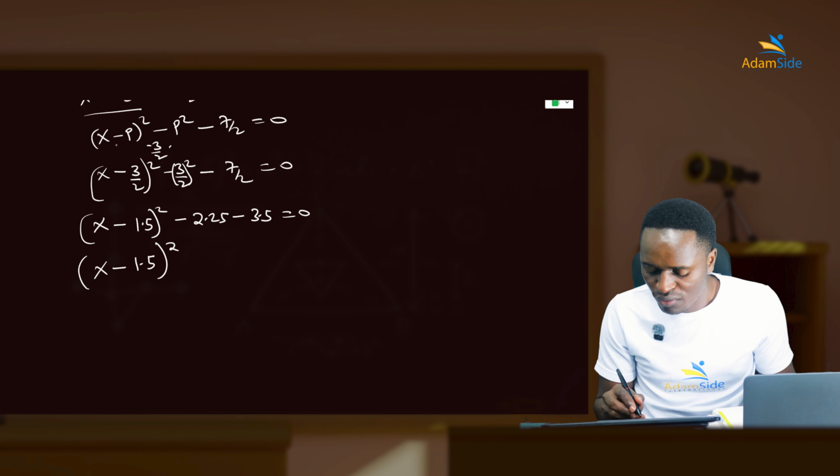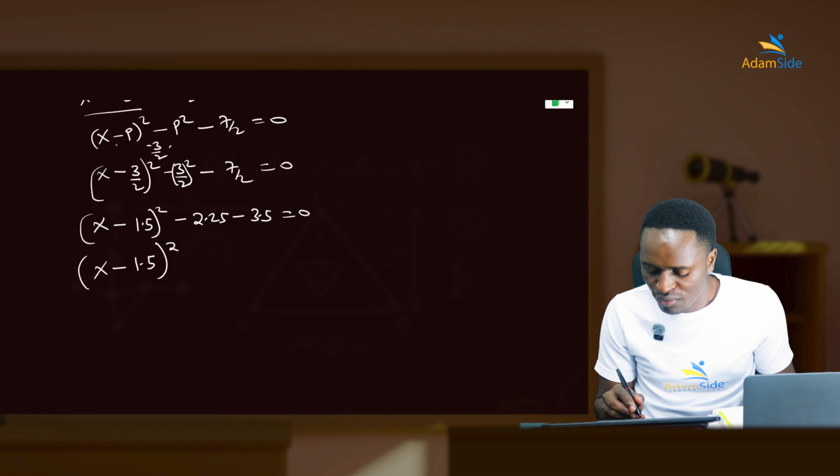Good. Next question, you have x squared plus 14x minus 5 is equal to 0. By using the completing the square method, we need to do this. So what do we do in that case? Our b is 14. So divide by 2, you get 7.